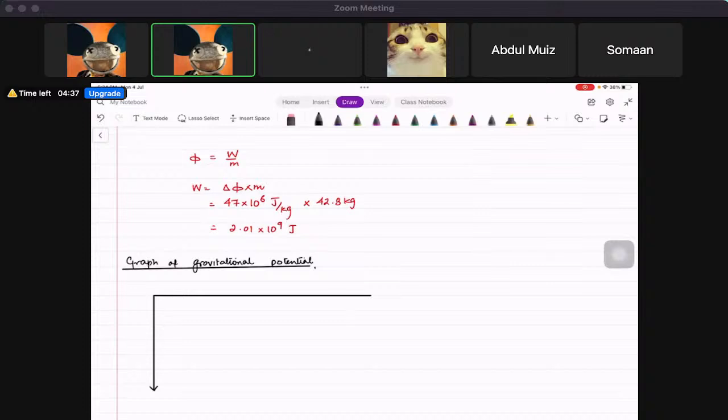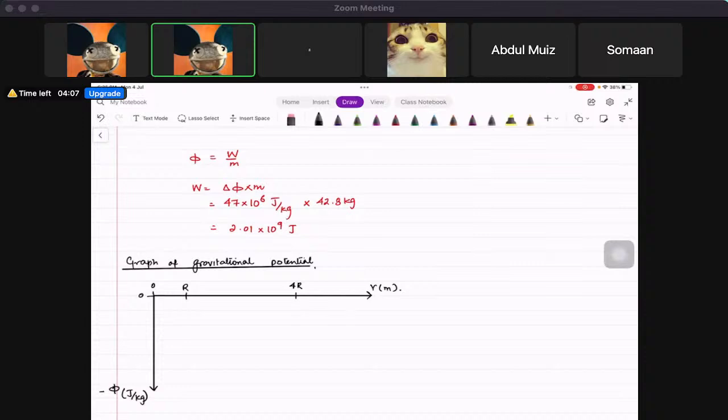This is the gravitational potential, in joules per kilogram, always negative. And here this is R, in meters, the distance. If this is the surface of Earth at R, we're looking at the distance at 4R from the point where R is 0. And this is the potential 0.